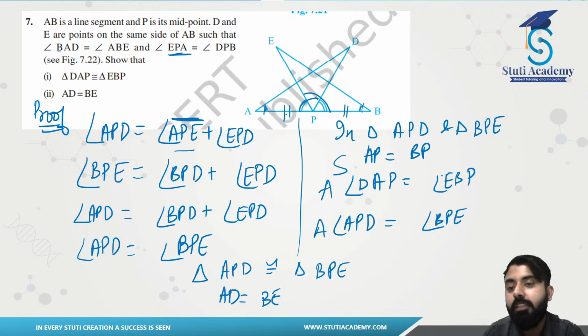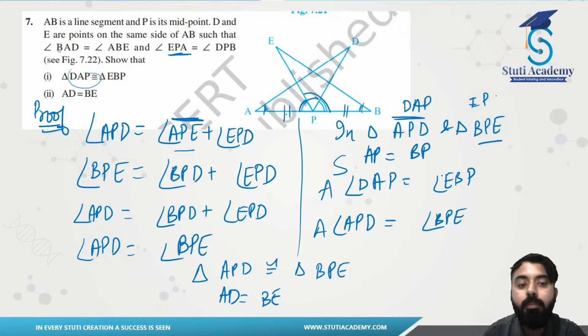Or if you want to take the same naming, in place of APD you can say DAP, and in place of this you can say EBP. So you can take that name also, no worries. You just have to prove the same triangles congruent. It does not matter which name you are taking, provided your name is correct and your triangles are accurate too.